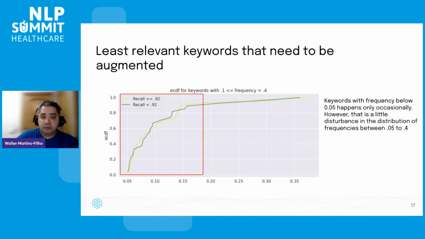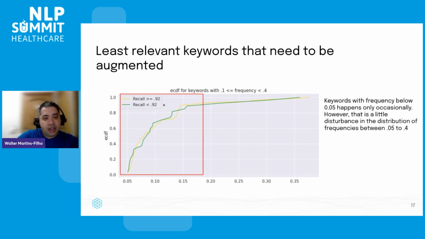And what we see is that they are a little bit close to one another, but when we apply the homogeneity test or maybe some other comparative methodologies to define if both distributions originate from the same distribution, we see that they don't support the idea, because the recall above 92% starts to increase after 15%, and the distribution starts to have this discrepancy.